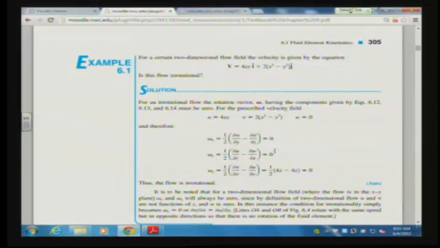What we find is that each of those is equal to 0, and that's the definition for the flow to be irrotational. Okay, now it's also a two-dimensional flow field. But this is a good example of where the rubber hits the road. This is the type of computation that you do out of this very complicated math theory.